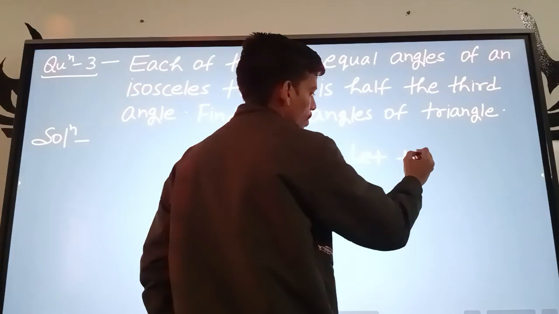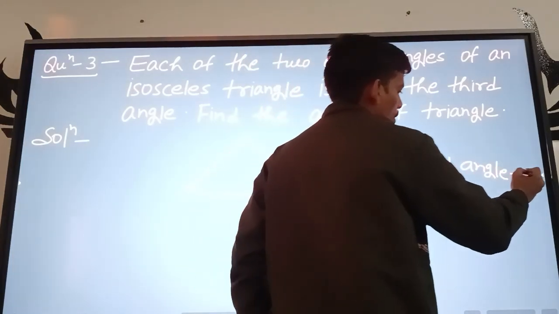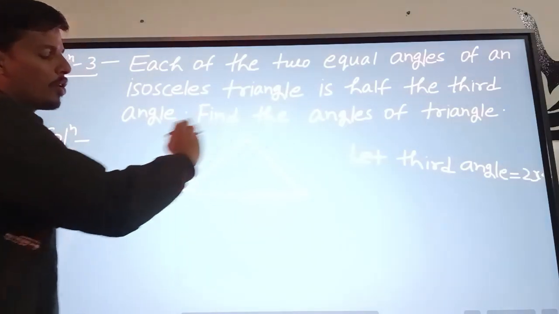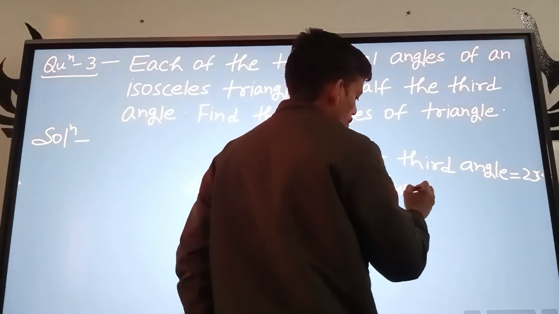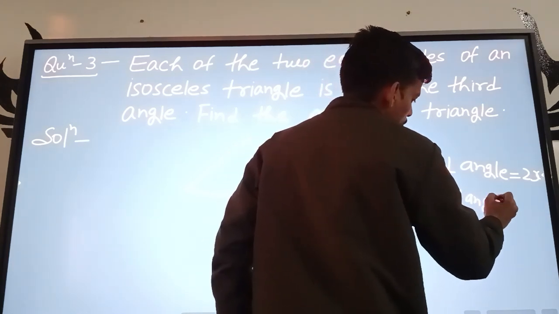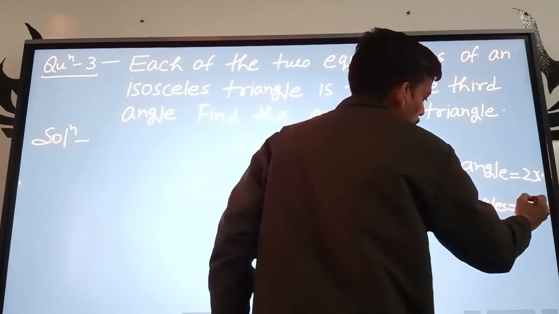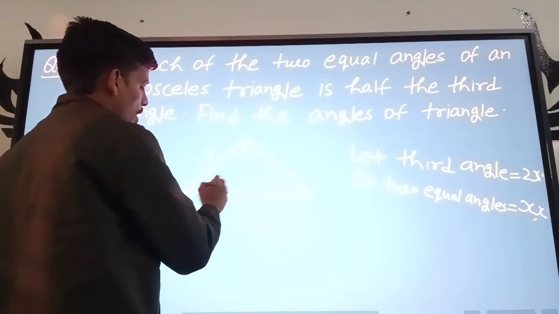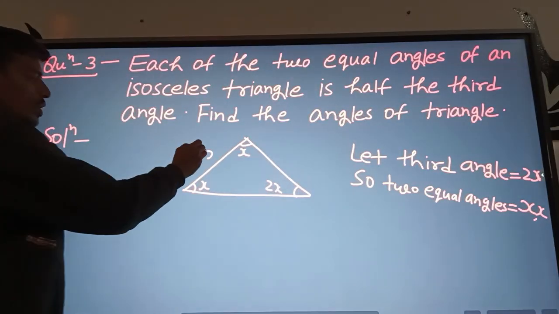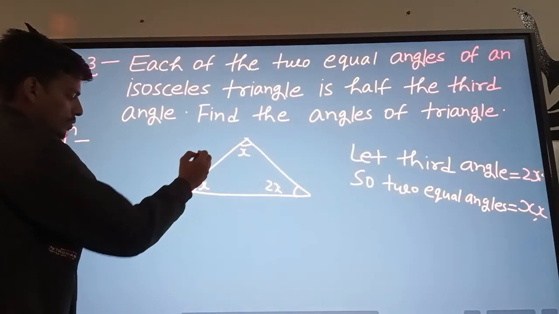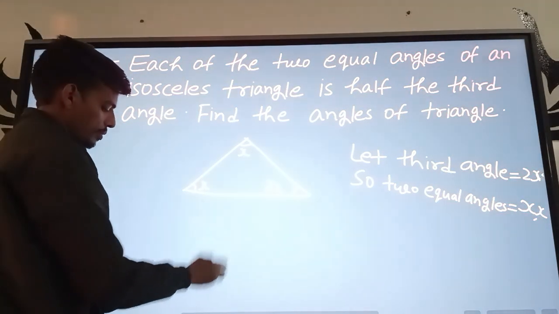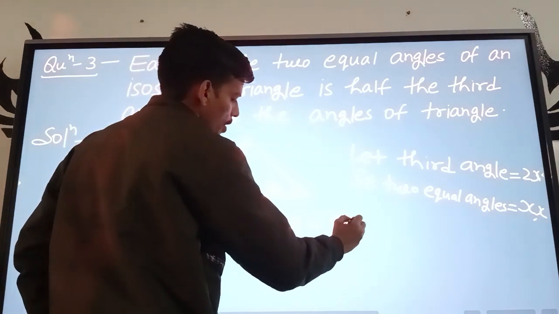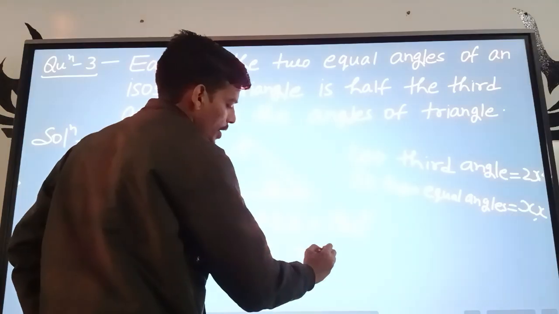Each of the two equal angles of an isosceles triangle is half the third angle. Let the third angle equal 2x, and the two equal angles are half of this, so x and x. The angles are x, x and 2x, and this sum is equal to 180 degrees. So x plus x plus 2x equals 180 degrees, which means 4x equals 180 degrees.